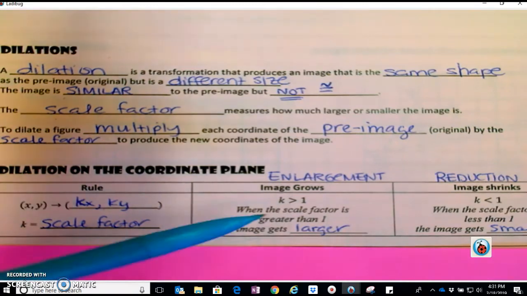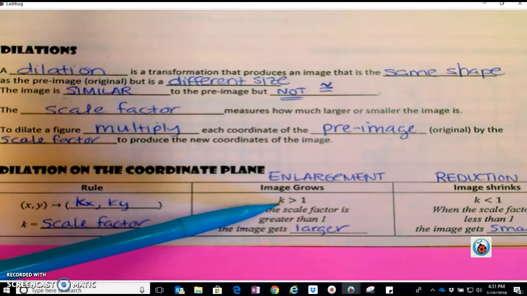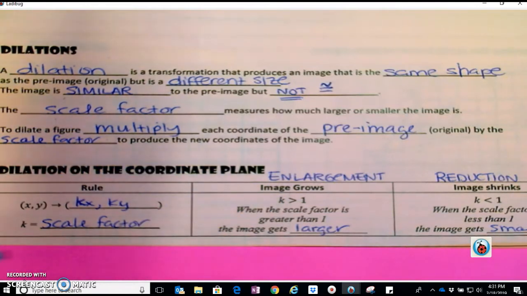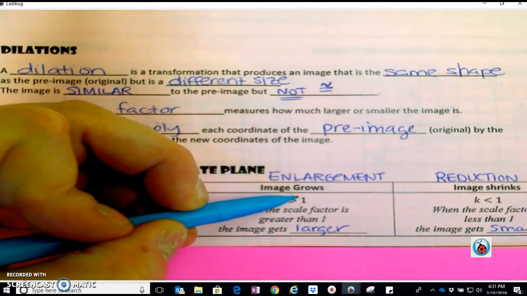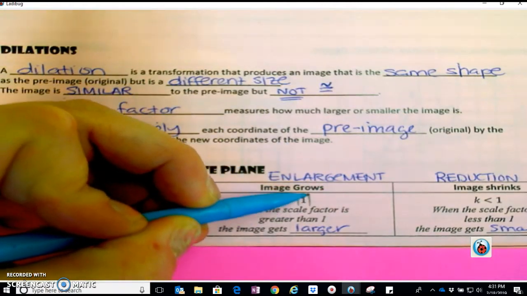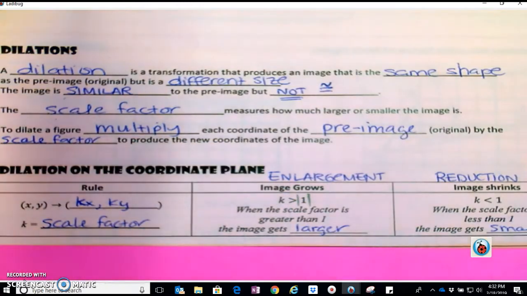Now, if our scale factor k is greater than 1, and I should actually say the absolute value of k, because a negative number is not really going to work that way.